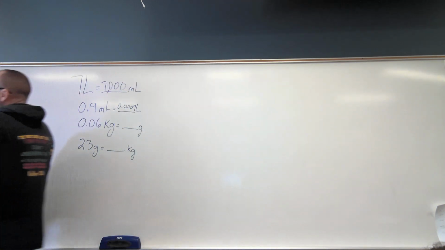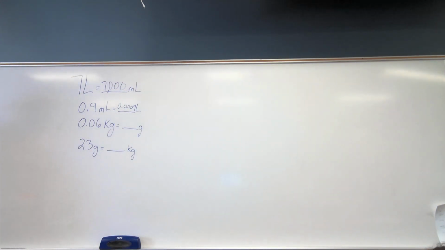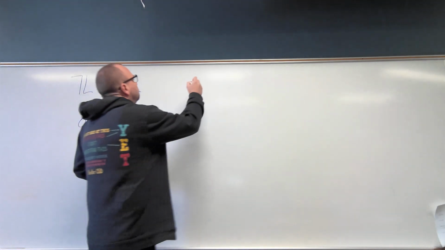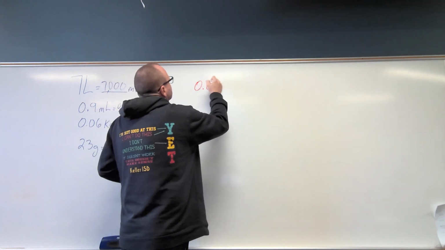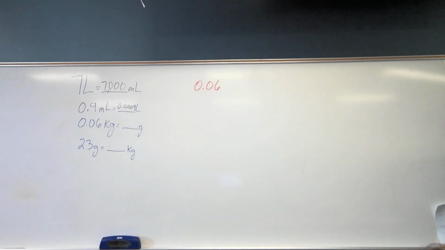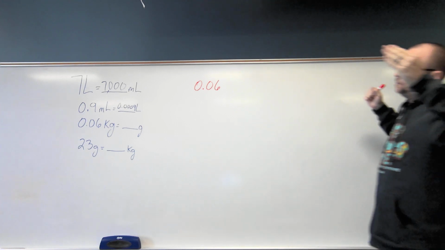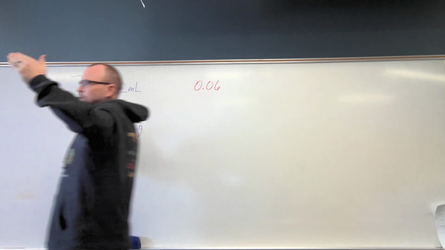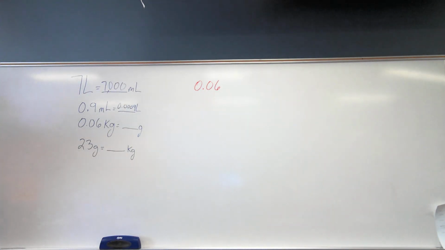0.06 kilograms, or 6/100ths of a kilogram, and we're changing that to grams. We're doing something to 0.06, either multiplying or dividing. We are going from kilograms to grams. Which is bigger, kilograms or grams?